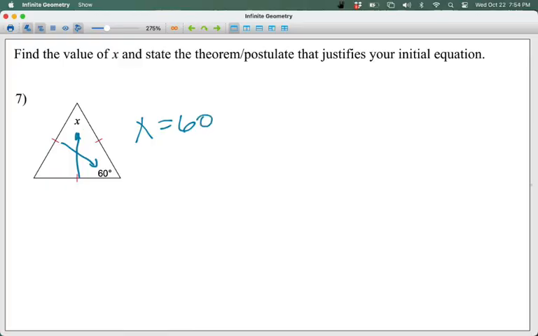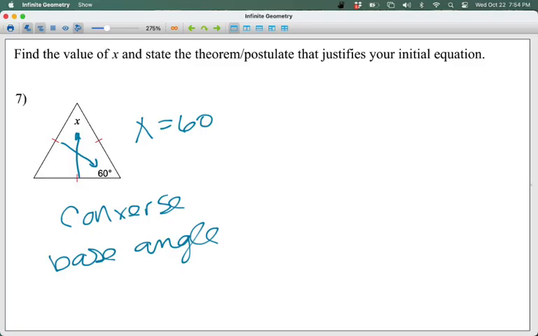You could have done the one that says an equilateral triangle, if and only if, equiangular. We could use that one. Or we could use the converse to the base angle theorem. Let's go on to number 9.